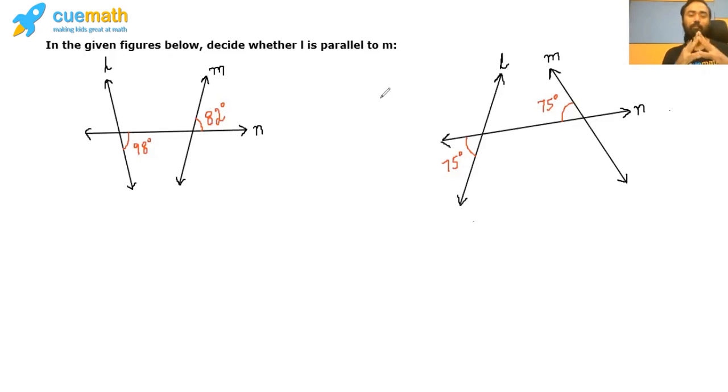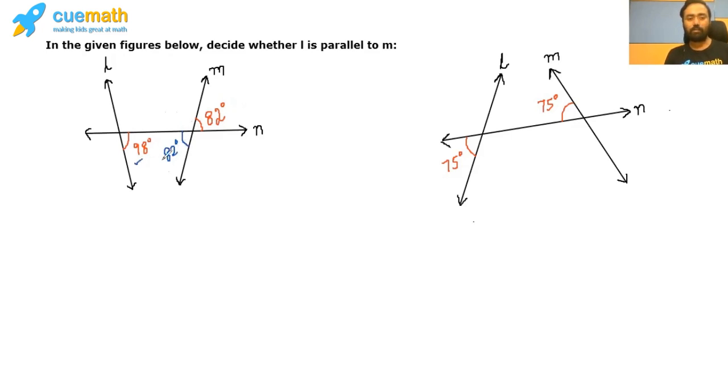So here we have been given a couple of diagrams, a couple of figures, and we'll have to decide whether L is parallel to M in both these diagrams or both these figures. So let us see how we can use the value of these angles. So if this angle is 82 degrees, we can also write that the value of this angle is also 82 degrees.